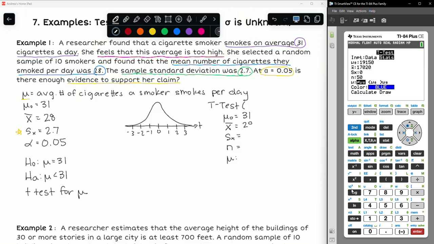The sample value was 28 with a standard deviation of 2.7. And back in our word problem, we forgot to underline that she took a sample of 10 smokers. So we know that our sample size is 10. And then we're testing a claim that is a less than statement. So let's go ahead and enter that in our calculator.